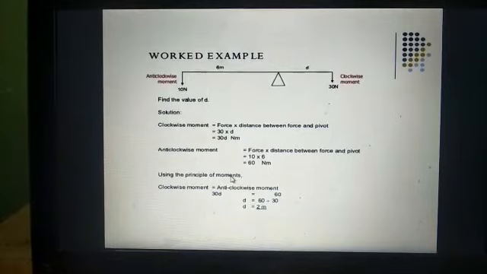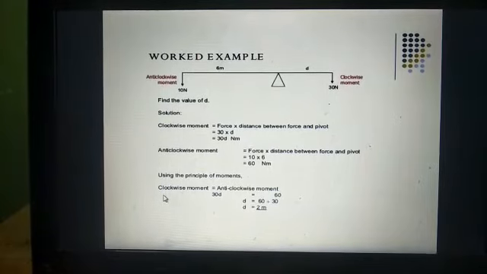Using the principle of moment, clockwise moment is equal to anti-clockwise moment, so 30D is equal to 60. So we can calculate the value of D: D is equal to 2 meter.